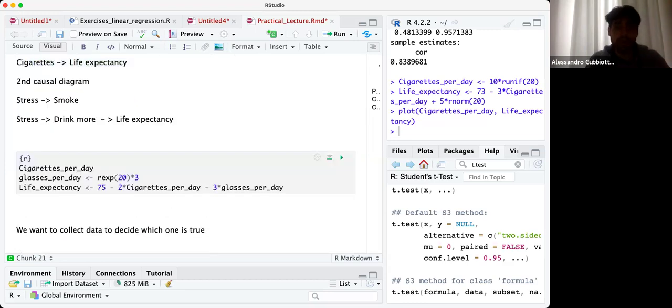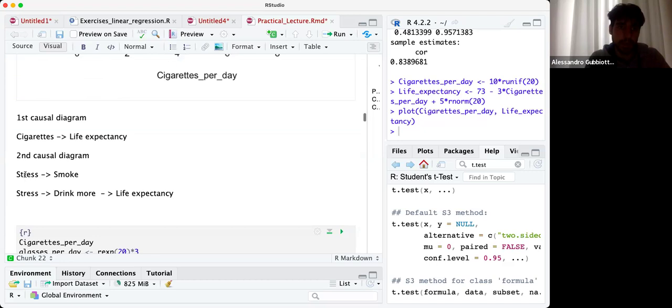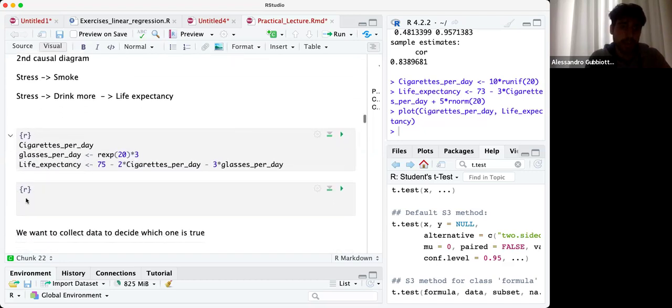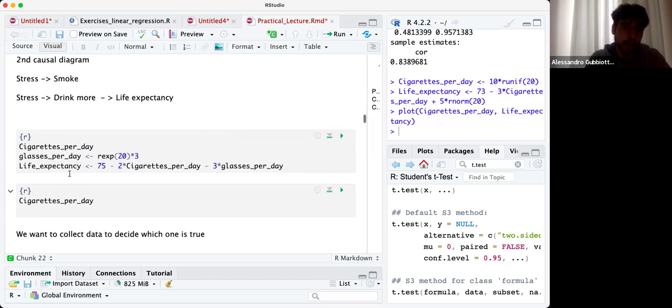Instead, something that would confirm the second diagram would be like this: if you smoke more, probably you also drink more, so we should have glasses per day equal to cigarettes per day plus an exponential.